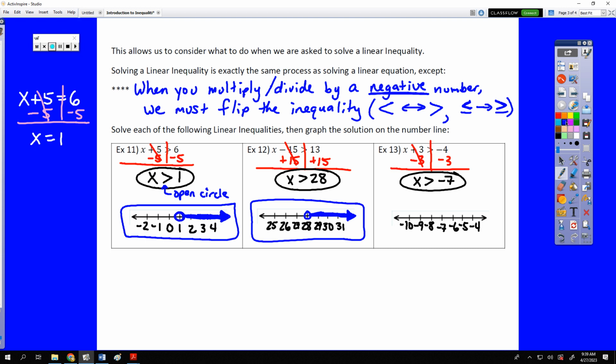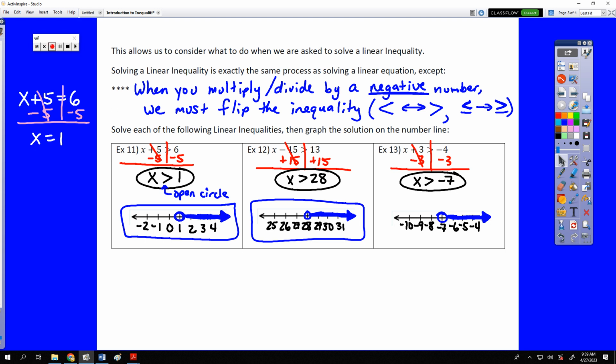Okay, shade right or left? Which way is that symbol pointing? To the right. Okay? X is greater than -7. Now I realize all three of these have shaded to the right. That is coincidental. Okay, we got to think about this every single time. So there's our first 3.